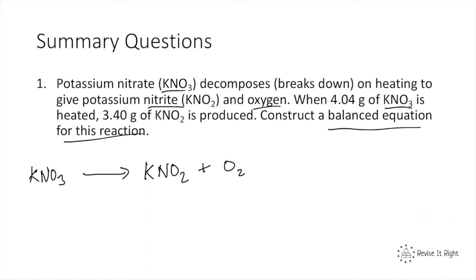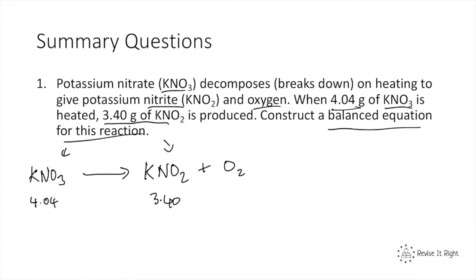So our potassium nitrate, KNO3, we've got 4.04 grams, so we'll write that underneath here. And then it gives us our potassium nitrite, which is 3.40 grams. And then, of course, it doesn't give us oxygen, but we know that this side is going to equal this side.